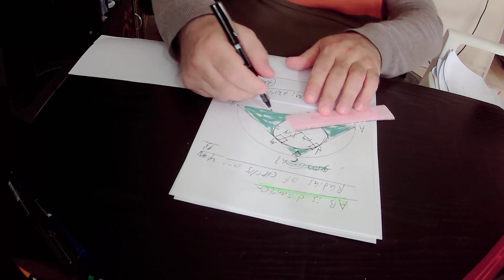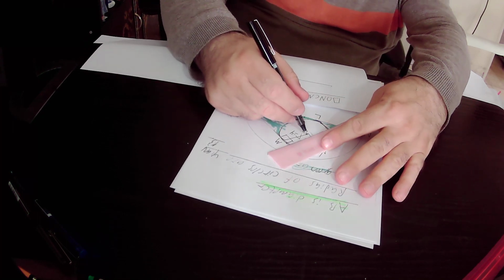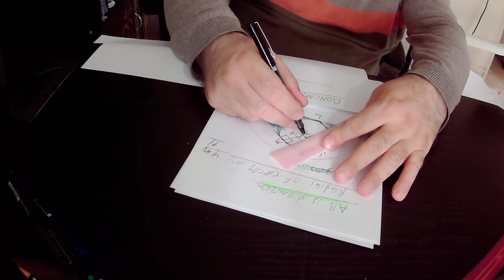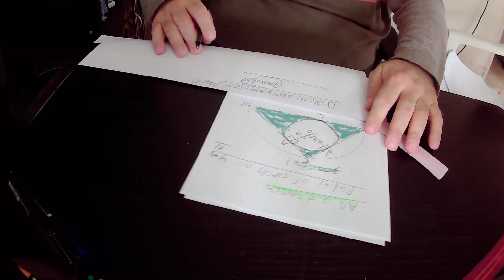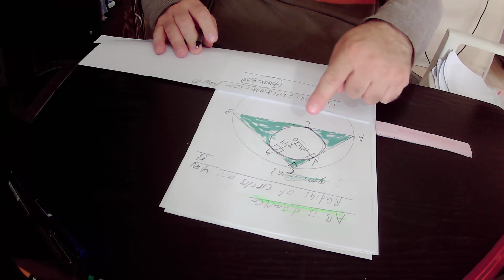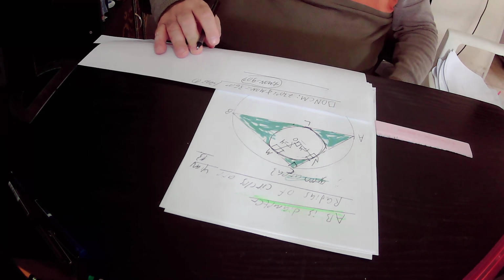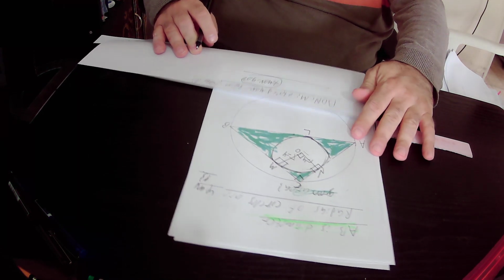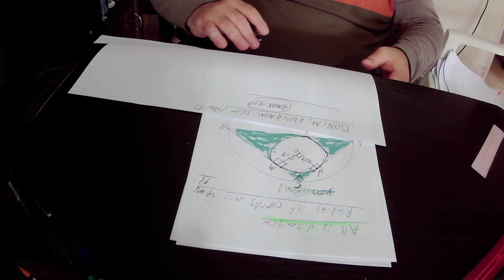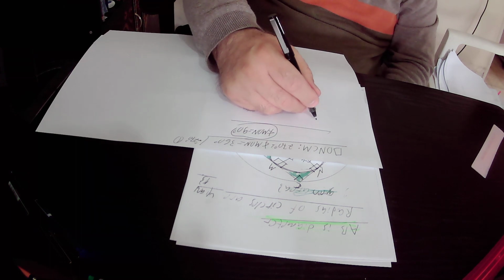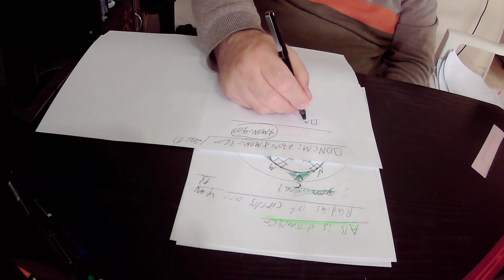So this angle is a right angle, equal to 90 degrees. So actually we found out that inside quadrilateral ONCM, we have 4 right angles, and any quadrilateral that has 4 right angles must be at least a rectangle, if not a square. So we regard quadrilateral ONCM as a rectangle.